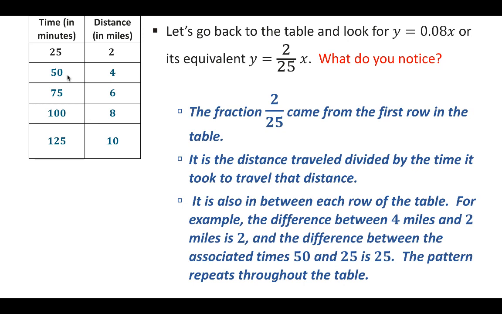And secondly, it's the same ratio. The difference between 4 miles and 2 is 2, and the difference in time is 25. Again, between 4 and 6 it's 2, and between 50 and 75 it's 25. The pattern repeats throughout this table.